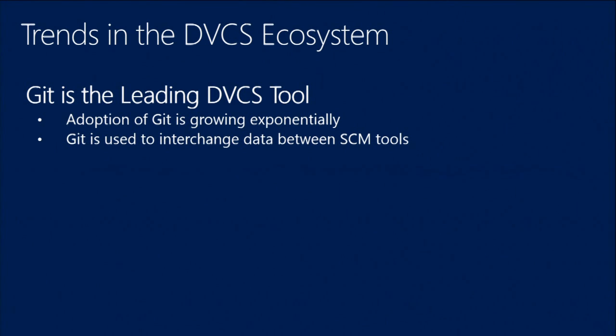And more interestingly to us, all the other distributed version control tools like Mercurial and so on, they all use the Git format, the Git repository format, as actually the standard for interchange, because history comes with DVCS repositories.